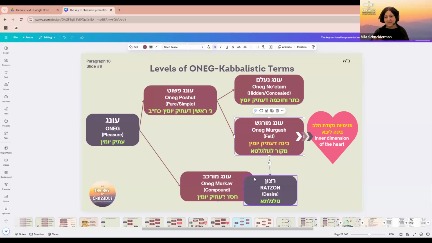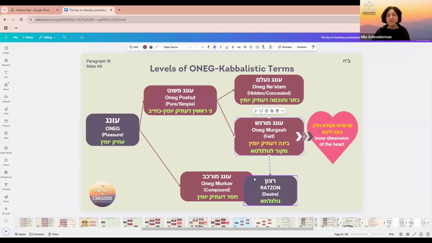All this means the same thing. We're just using different terminologies that you will find in Chassidus. You'll see all this all the time, and you're like, oh, I didn't know, but it's the same thing. If tomorrow you're going to see Bina of Atik Yomin in one of the Ma'amarim or in Tanya, you know that we're talking about Bina Liba.